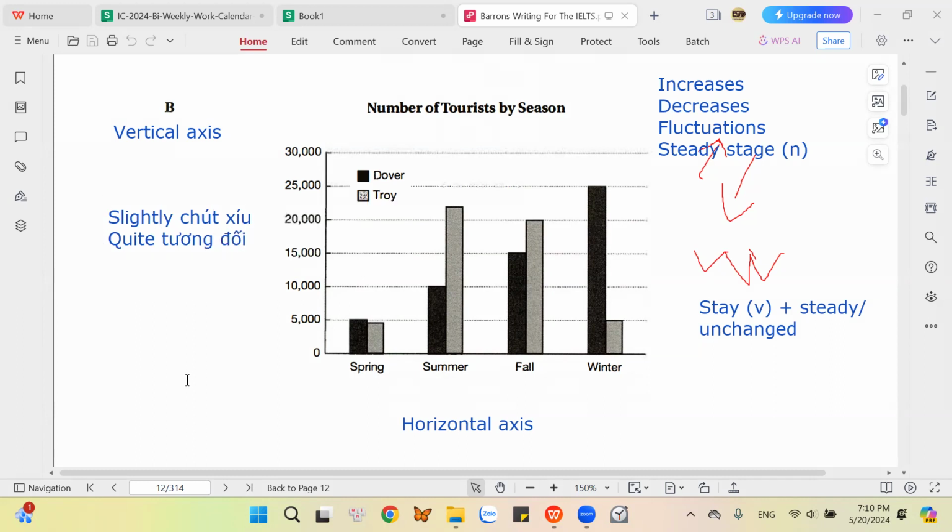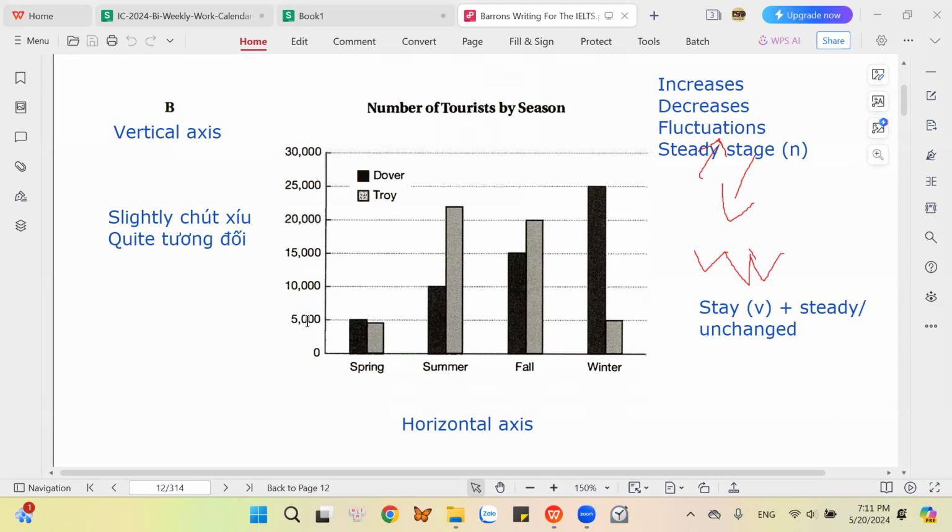So in spring, the number of tourists traveling to Dover and Troy are slightly different. Not much difference. But in summer, the number of tourists for Troy is much higher than for Dover.